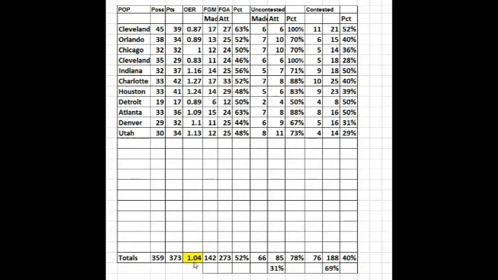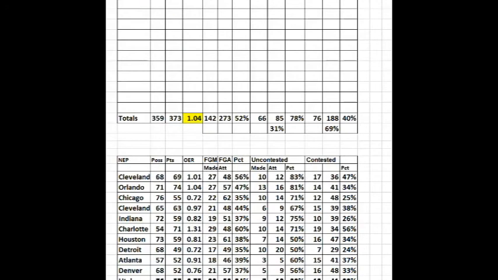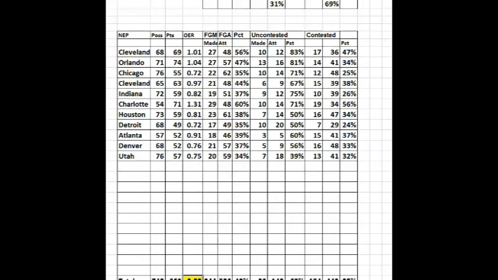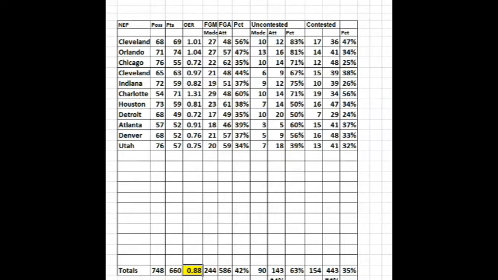So now let's go down and take a look at negative possessions. Okay, first of all, Cleveland had 68 of these, but they did have an OER of 1.01. Now, what that tells me is that Cleveland did not really pursue fast breaks aggressively.